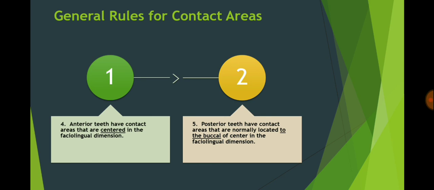So the anterior teeth have contact areas which are centered. The posterior teeth have the contact areas which are a little bit more to the buccal, compared to the anterior teeth. So it means that the lingual embrasures are going to be a little bit wider than the facial embrasures in the posterior teeth.